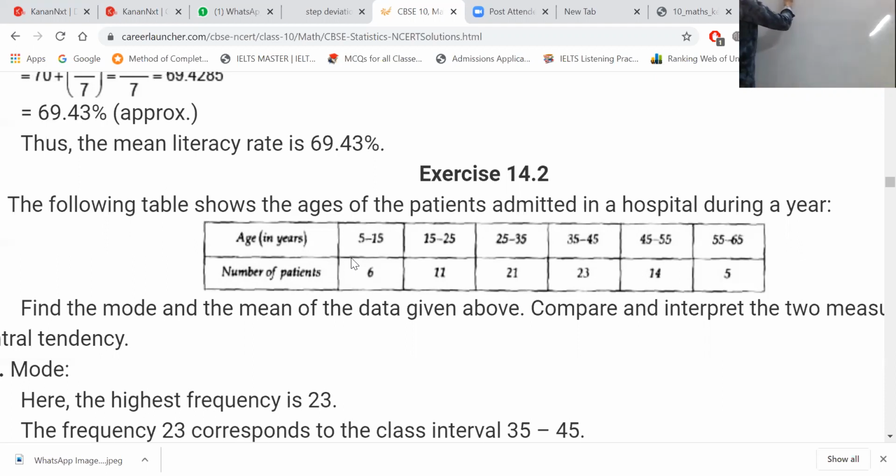So first we should write age, then the number of patients. Here is the table.